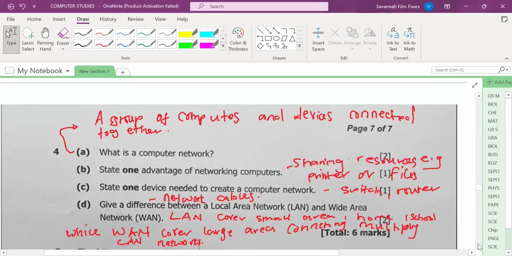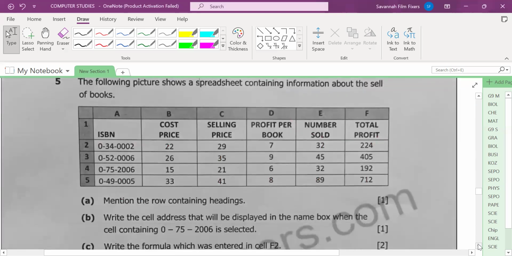Okay, let's move on to our last question. Another Excel. The following picture shows a spreadsheet containing information about the sale of books. They are trying to sell different types of books given by their ISBN number.